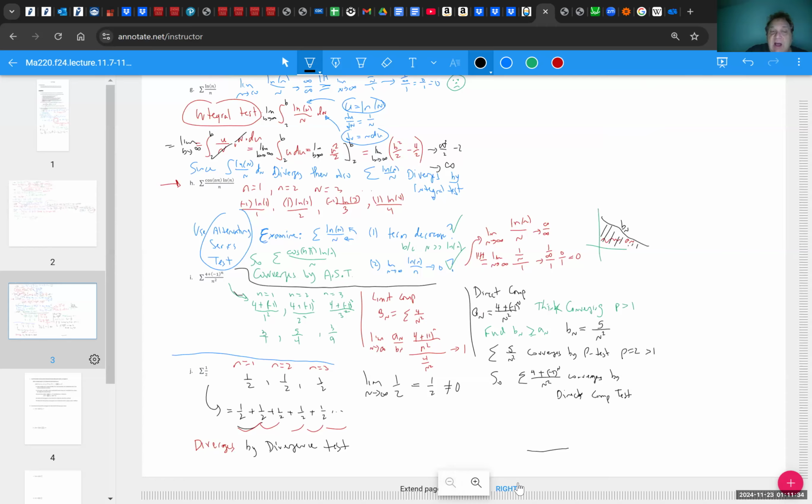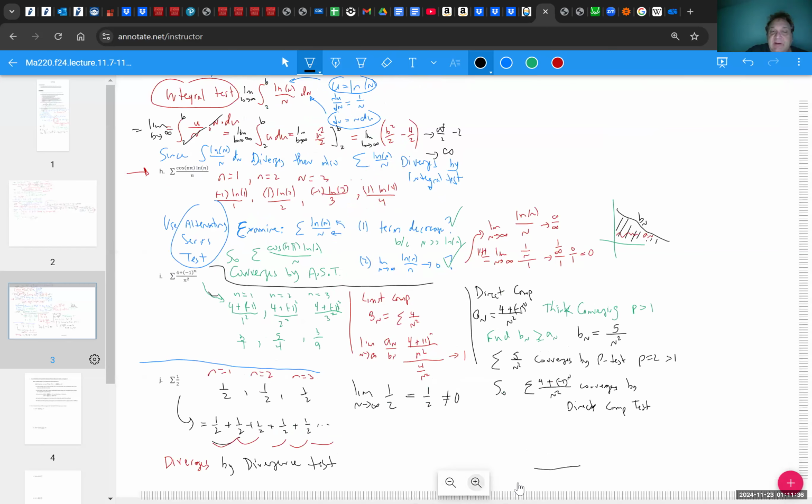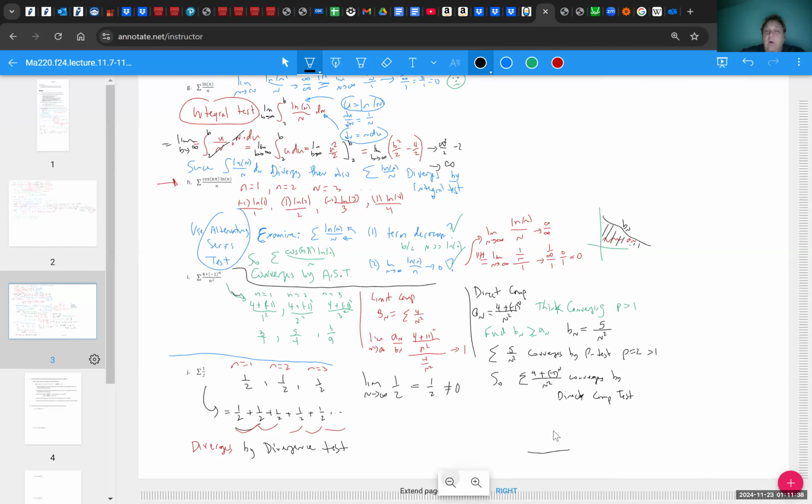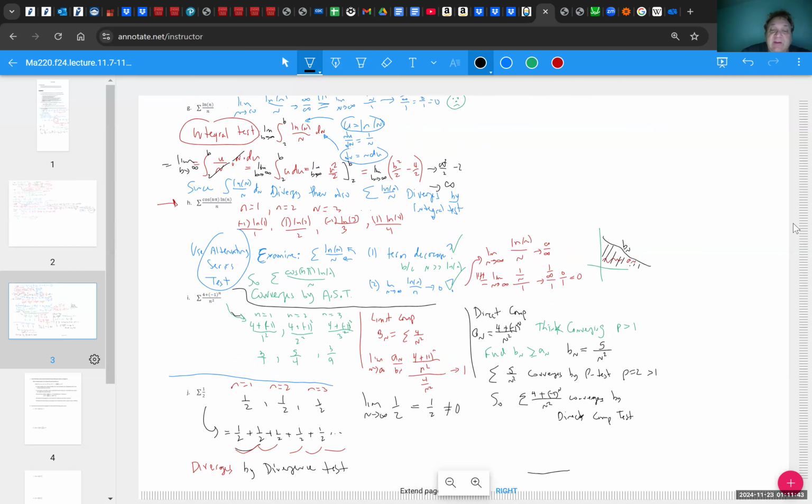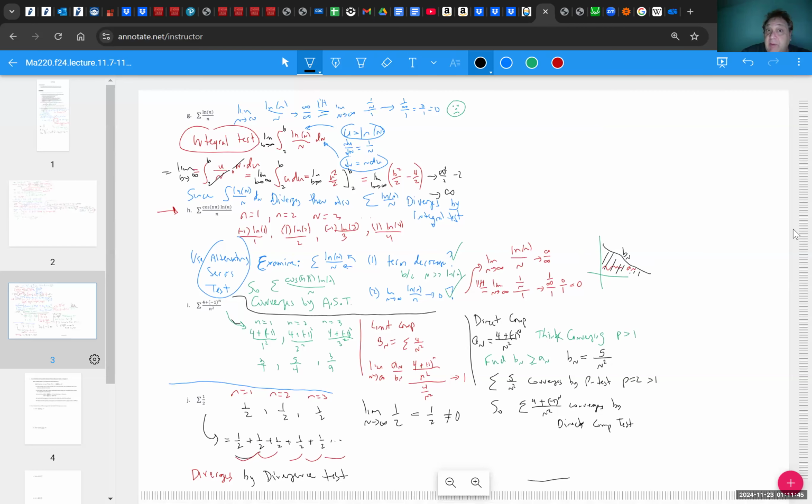For some problems, you can definitely use more than one type of convergence test, but some are much easier than others. So I tried to give some examples of all of that. Hopefully you found this useful, and you will reach out if you have any questions or any other series that you would like help evaluating on whether they converge or diverge, and what test would be the smart, easy choice to help facilitate that conclusion.